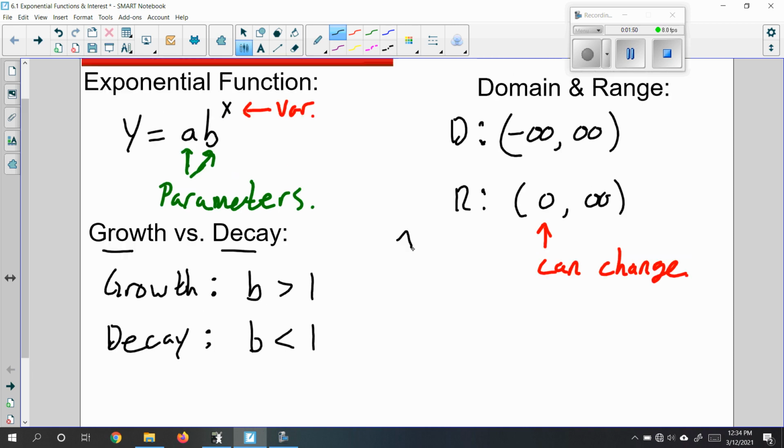A growth function typically looks like this, whereas the decay function typically looks like this.